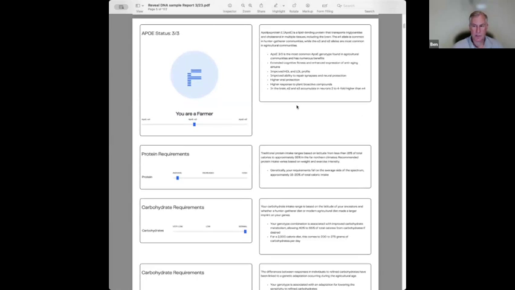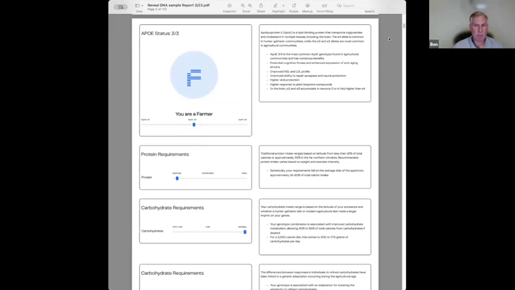Now, the first thing you're going to see in your dashboard is your APOE status, and what this signifies is the apolipoprotein E. Sorry, let me get the chat box open. If you have any questions at all, please throw it in the chat and I will answer as we go.